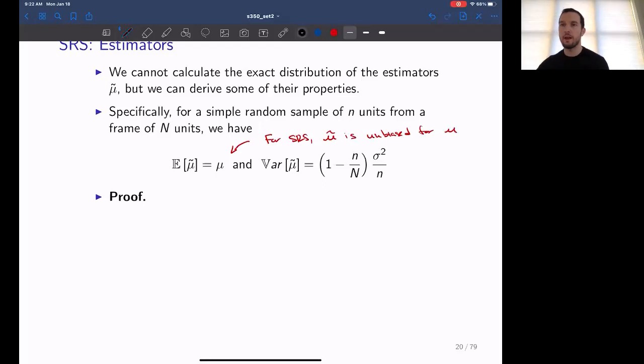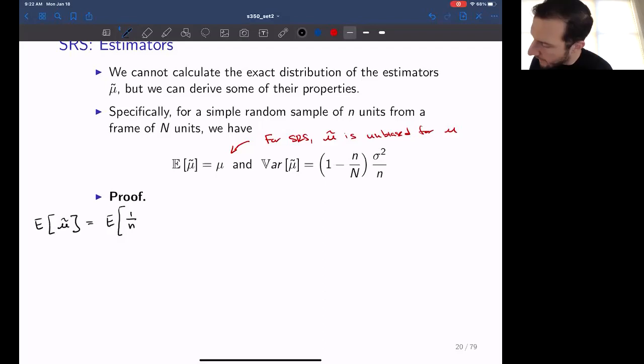And we can prove that fairly easily. We're going to take the expected value of mu tilde. This is the expected value of 1 over little n multiplied by the sum over i in U of capital I sub i multiplied by y sub i.